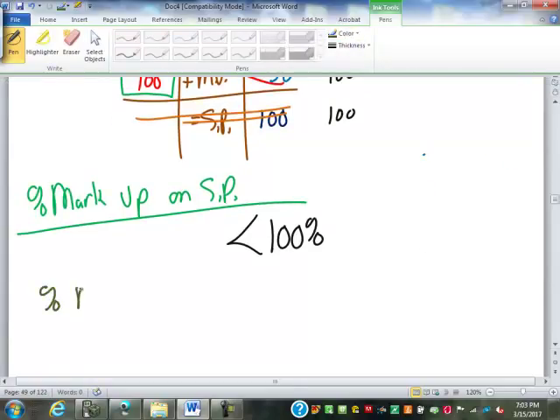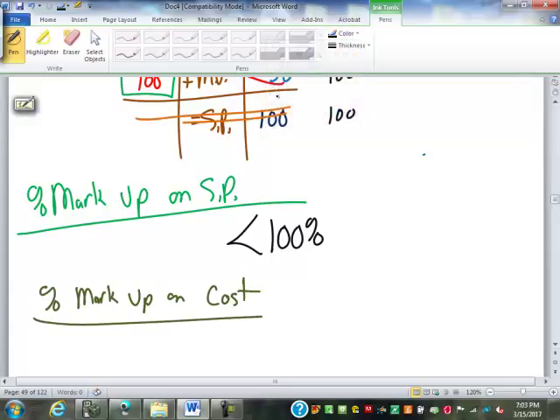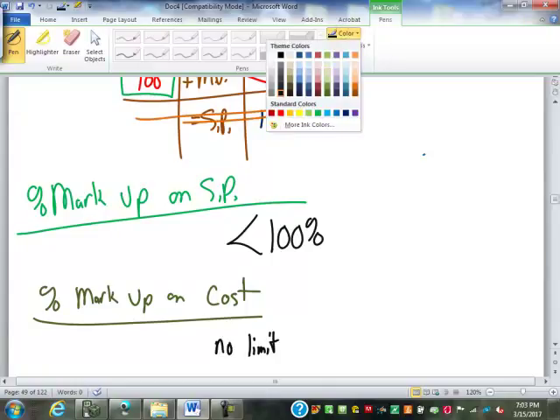Percent markup on cost has no limit. You can double the cost, you can triple the cost, you can do 20 times the cost. You have a 2,000% markup on the cost. You might not sell much, but mathematically there is no limit on it.